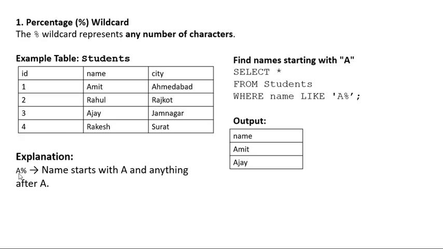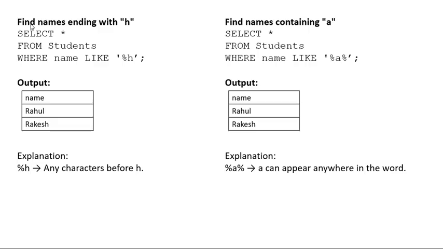Explanation: A followed by the percentage sign means the name starts with A and anything after it is printed. Another example of the percentage wildcard: find the names ending with h.